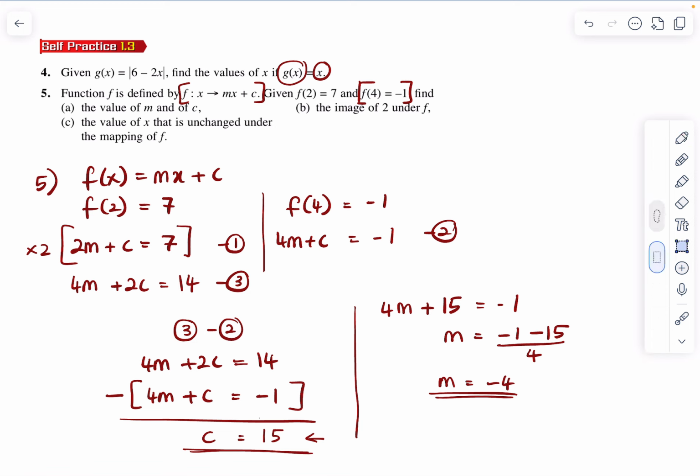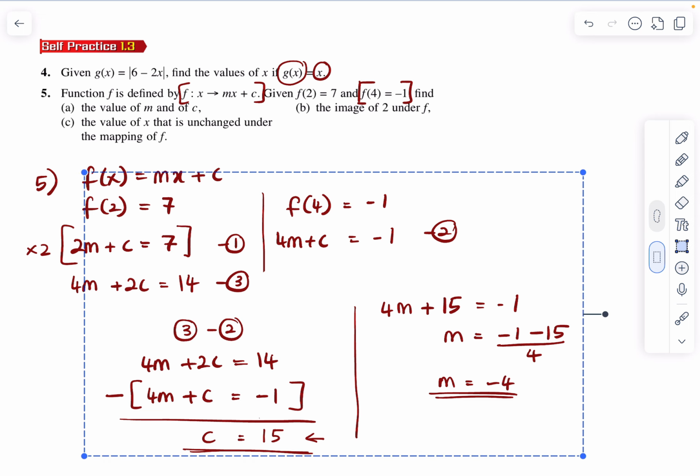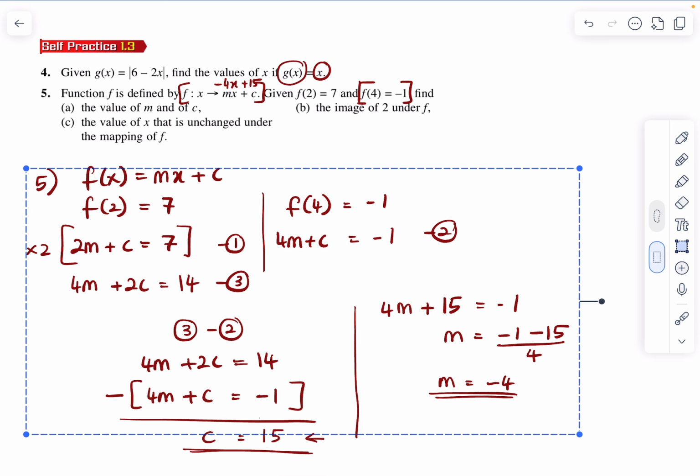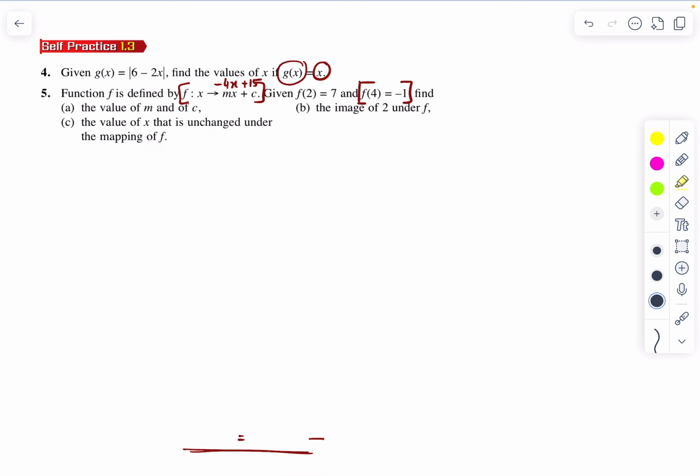Done. Okay, let's look at b. Oh, before that, let's write this down. So our f(x) is negative 4x plus 15. Okay. B. The image of 2 under f.